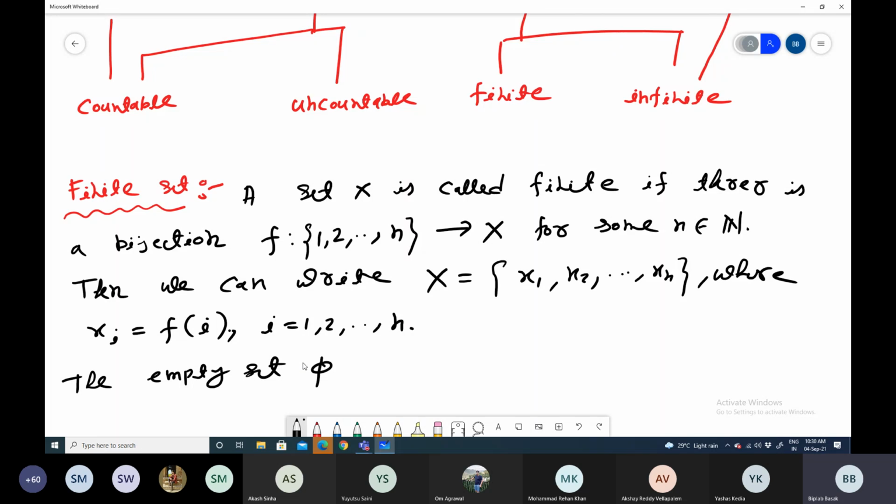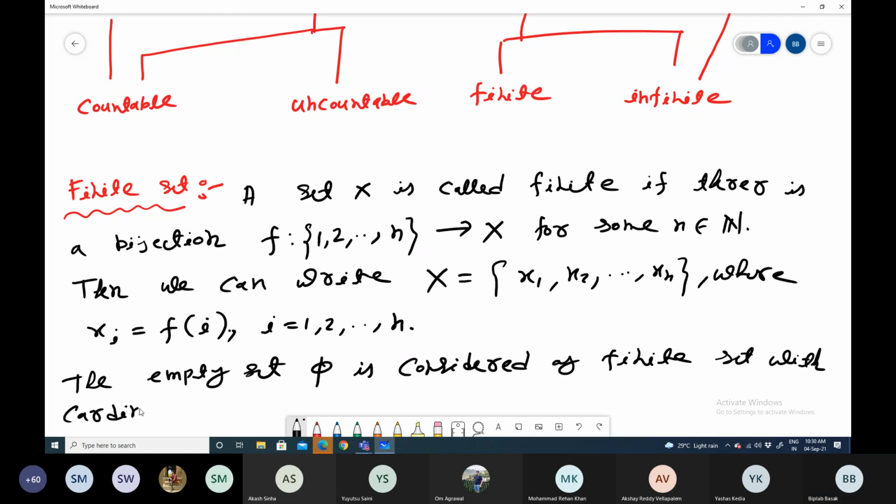It is just the symbol of the empty set. It is considered as a finite set with cardinality 0.